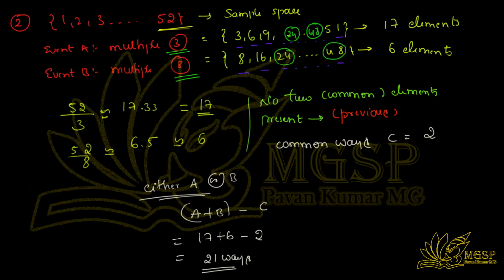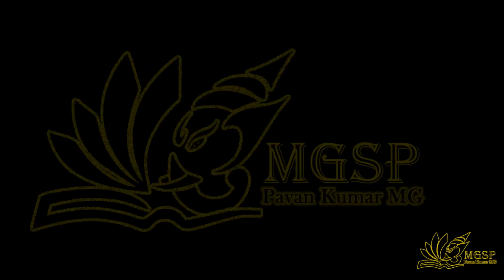Now let's go for one more rule. What is one more rule? I have told, that is rule number 2. What is the rule? Multiplication rule. What does this rule tell?